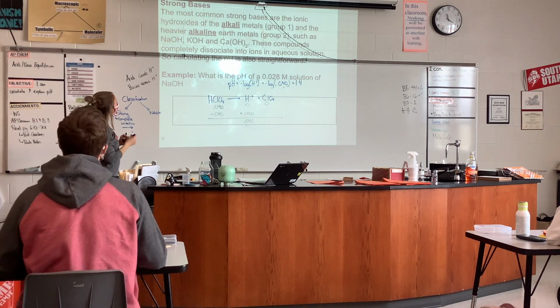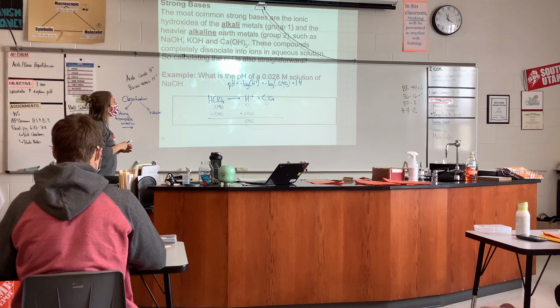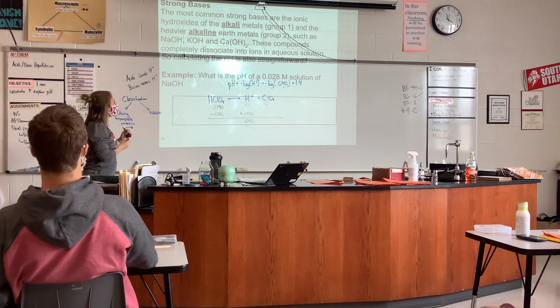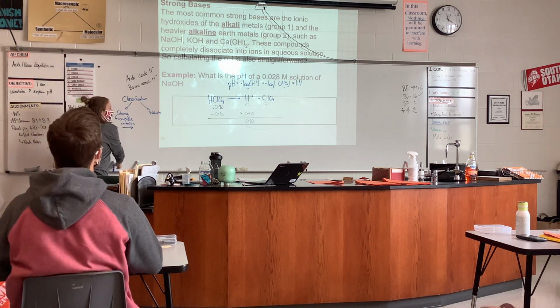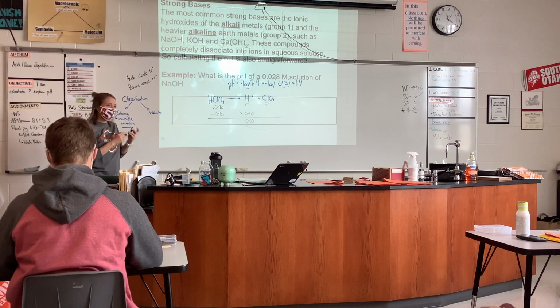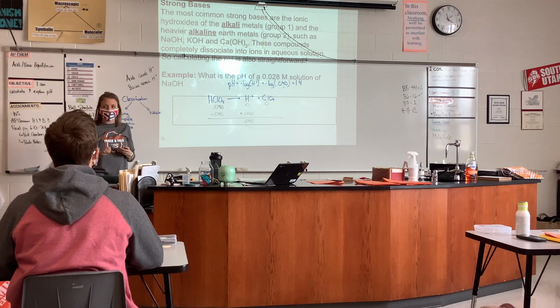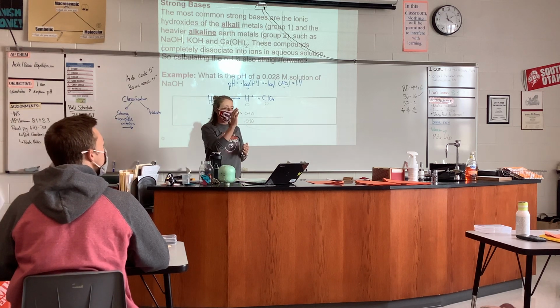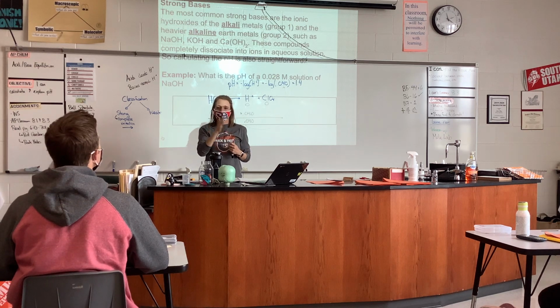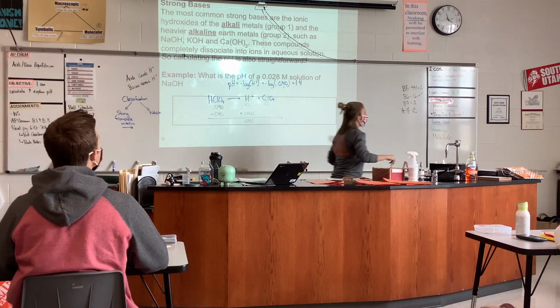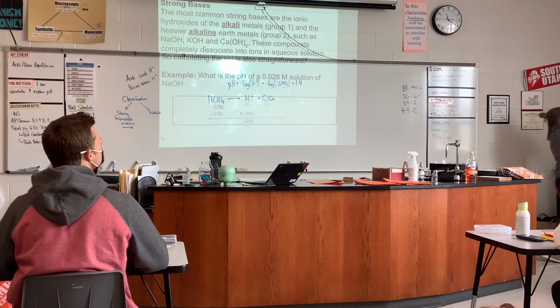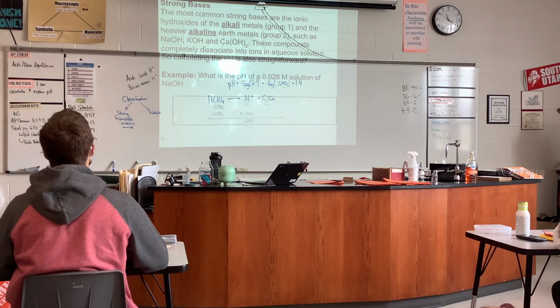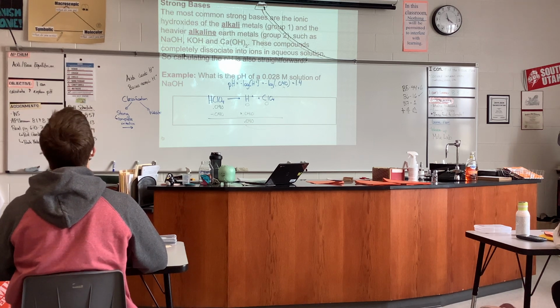Now the bases are a little bit easier to memorize in my opinion, because there is a pattern to them on the periodic table. It's always a metal with OH, so something OH, and it starts here. The first group, these are all strong bases: lithium hydroxide, sodium hydroxide, potassium hydroxide, rubidium hydroxide.